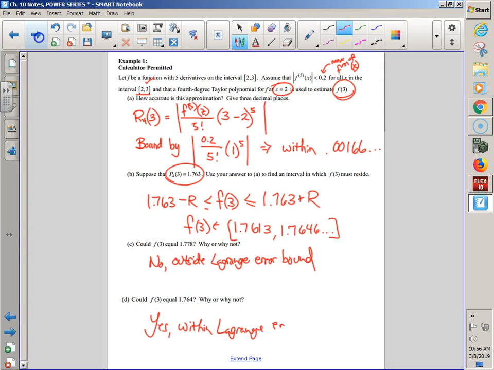Because 1.778 would be to the right, like on the number line. So with that error, we know that our actual function value will be somewhere within that.